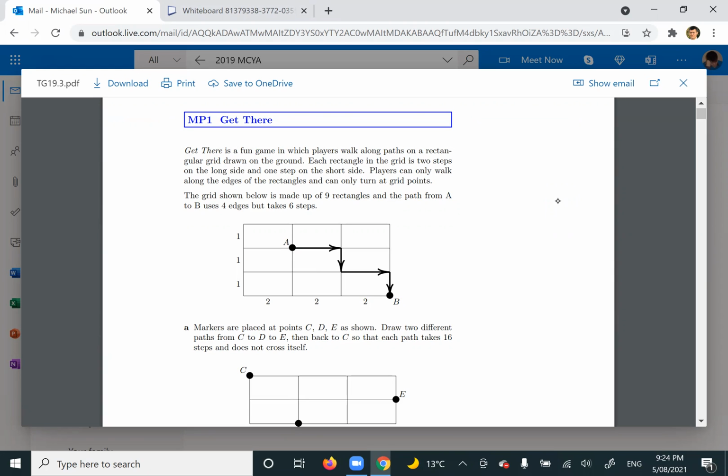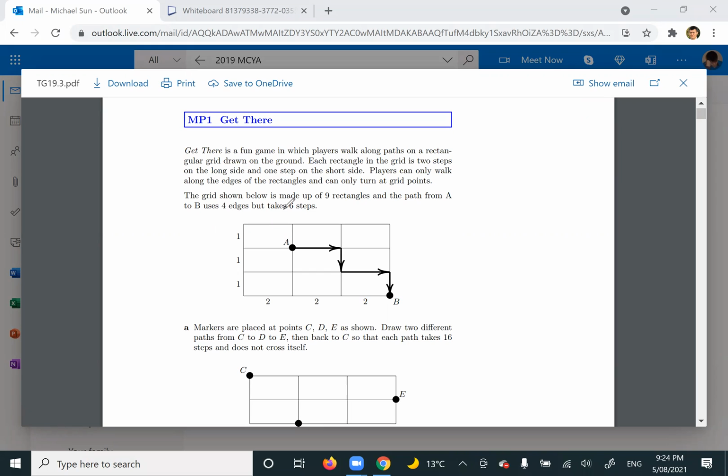It's 2 steps on the long side and 1 step on the short side. So it's saying that this is 2 steps, see? That's got 2. And this is 1. So this is 1, this is 2, okay?